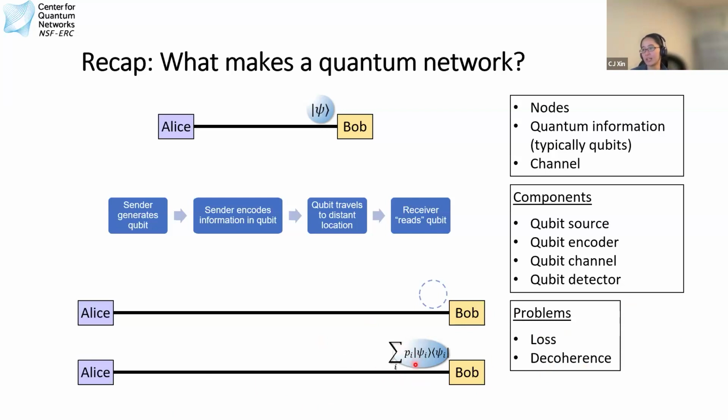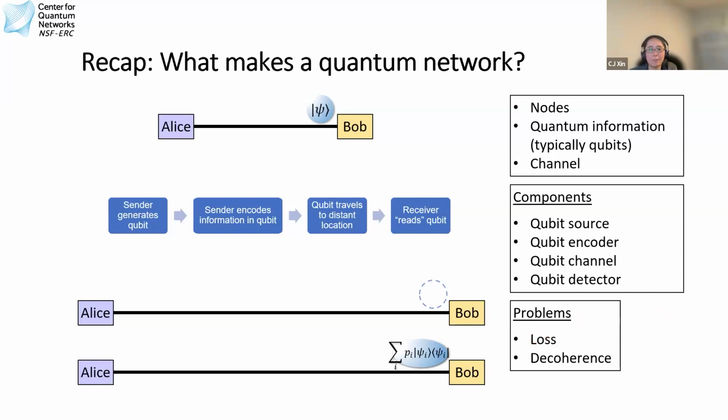This coefficient right out front is actually a classical probability, and there's no definite phase between the classical probabilities of quantum states that you can measure. If you've ever seen a density matrix, that's exactly what it is. So those are the two problems that we have in a quantum network.